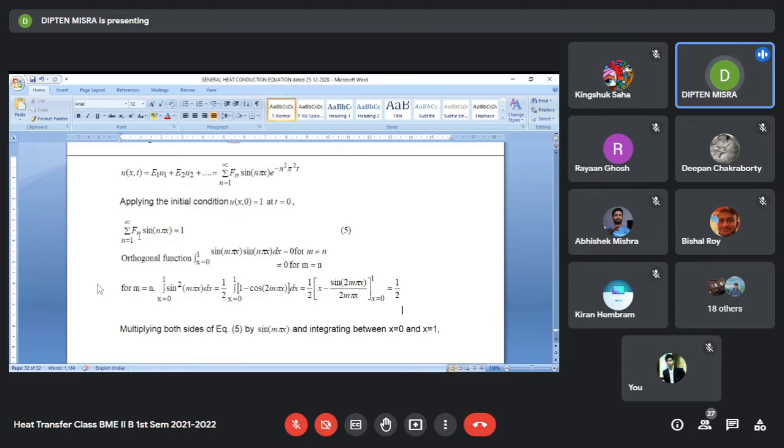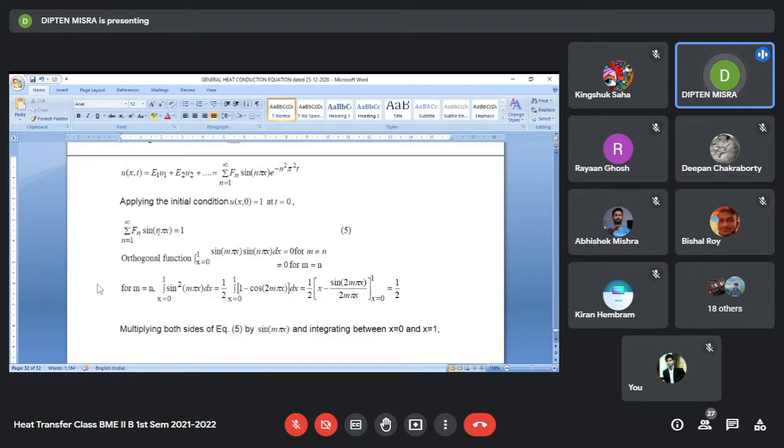What will be F5? F5 will be equal to the integral of sine 5 pi x dx, into 2. F6 will be the integral of sine 6 pi x dx, into 2, like that. Because when you have these series and multiply both sides by sine m pi x, then what will happen?